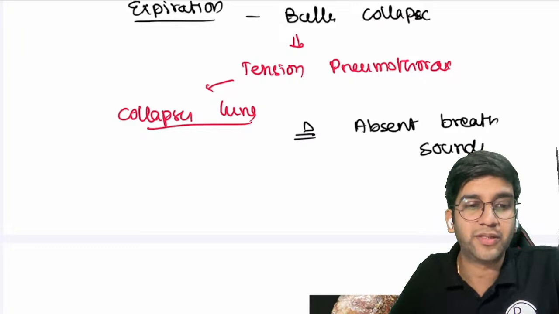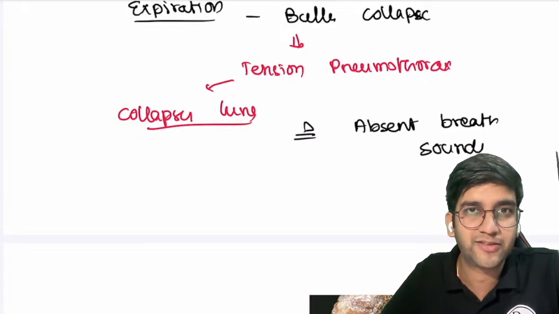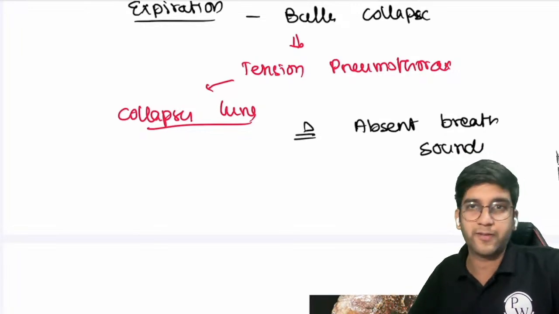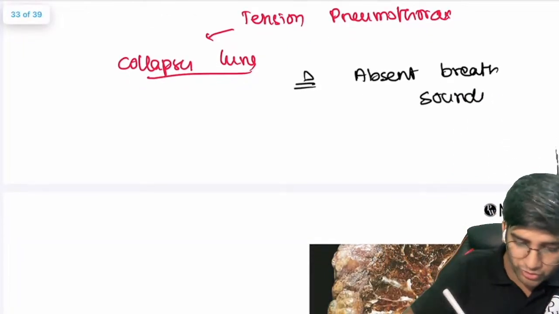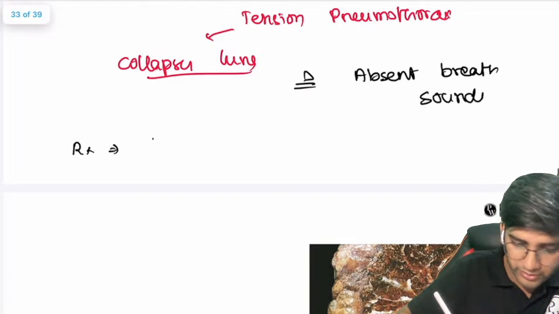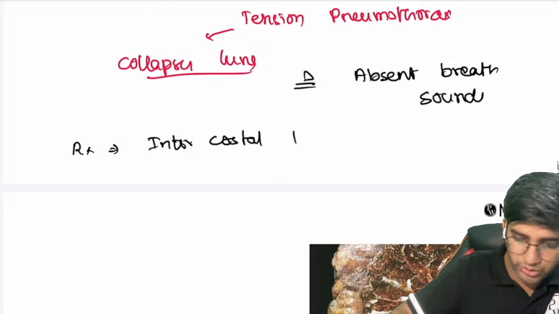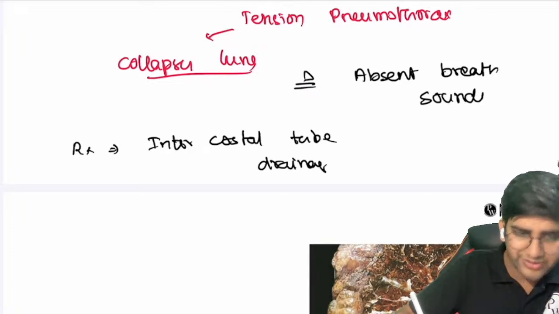The treatment is simple. Good Doctor fans, the introduction scene is tension pneumothorax. How did Dr. Murphy treat it? You're a Good Doctor fan, you know the treatment. Treatment is you have something called an intercostal tube drainage. Simple.